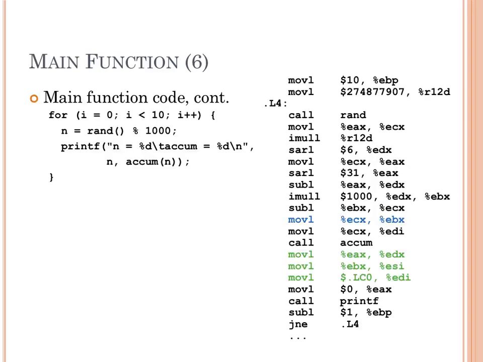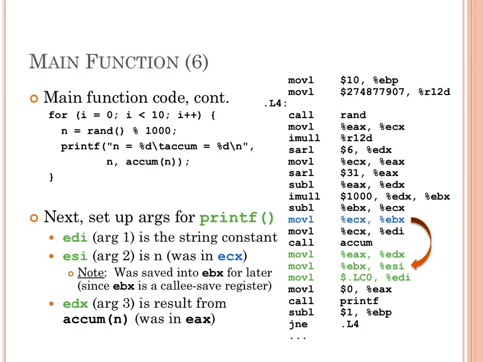So now we set up for the printf call. EDI is the first argument to printf. Remember, EDI, ESI, EDX, ECX, and so on. I don't remember the rest. EDI is going to be set to our string constant, because printf takes the format string as the first argument.